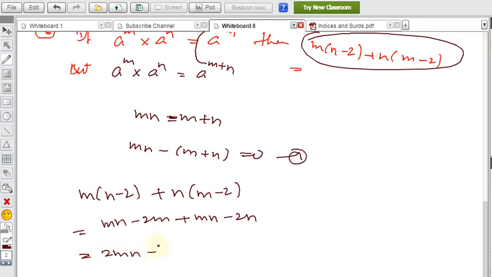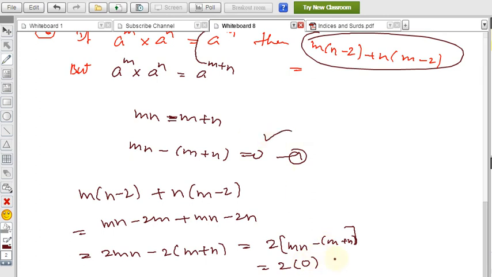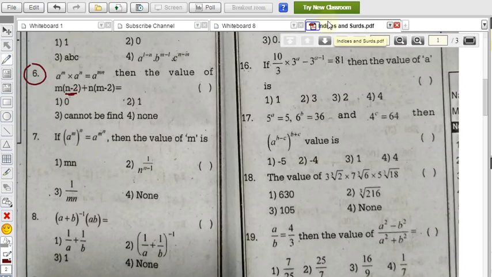If you take minus 2 common, m plus n, and finally take 2 common, it is 2 into mn minus m plus n. But this value is 0 according to the first equation. So 2 into 0 is 0 itself. So the answer is 0.